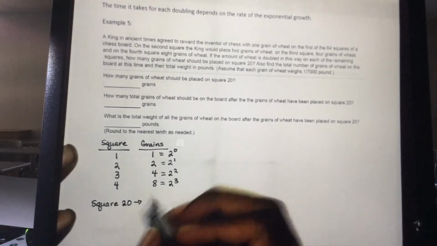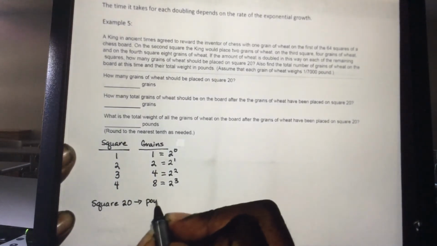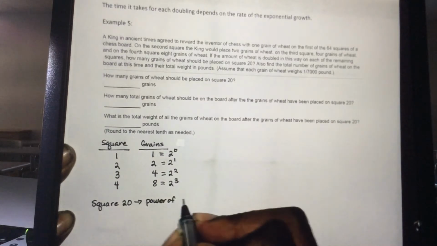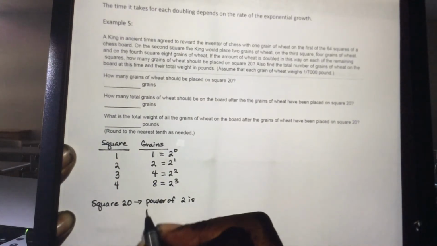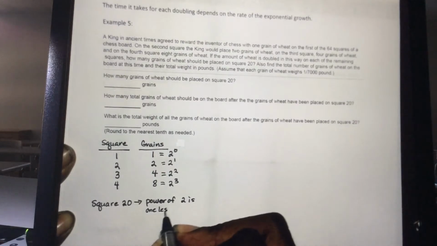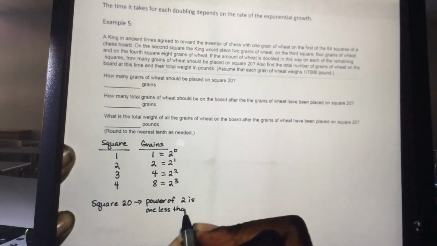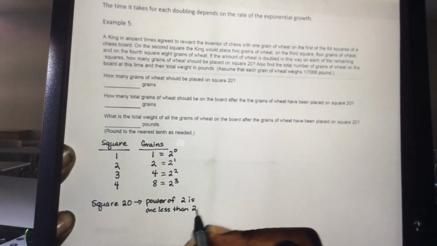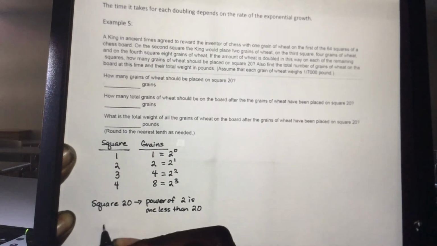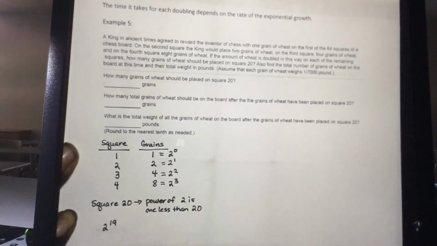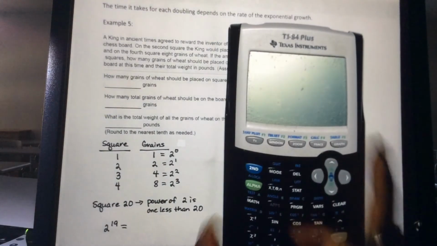So here, I can say that the power of 2 is 1 less than this numbered square of 20, which is going to be, in this case, 2 to the 19th power. And on the calculator, I think we can do 2 to the 19th power.